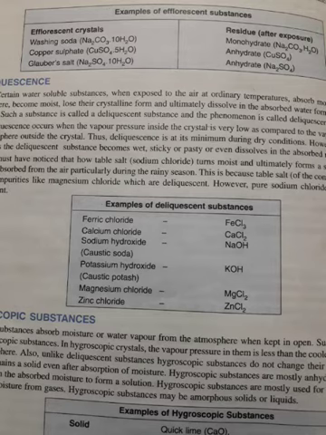So a hydrated salt like washing soda, when exposed to the atmosphere, crumbles into amorphous powder due to loss of water molecules. Same way, any hydrated salt will show this property known as efflorescence. It means they lose their water of crystallization when exposed to the atmosphere.